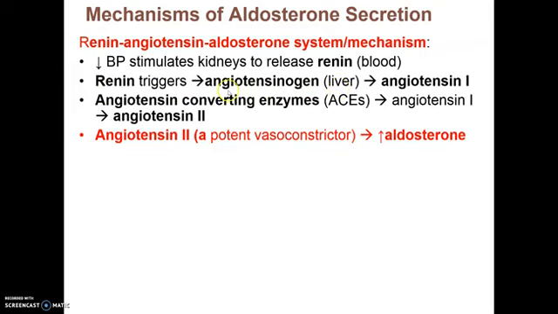Angiotensinogen is a plasma protein and it is converted by renin into angiotensin 1. Now, angiotensin converting enzyme converts angiotensin 1 into angiotensin 2. So this is a sequence, a series. Angiotensin 2 actually increases the release of aldosterone.